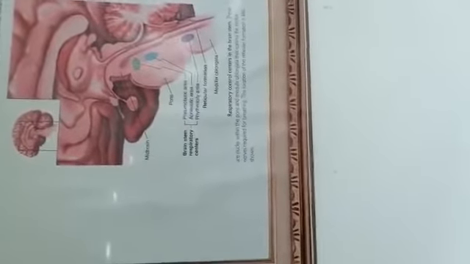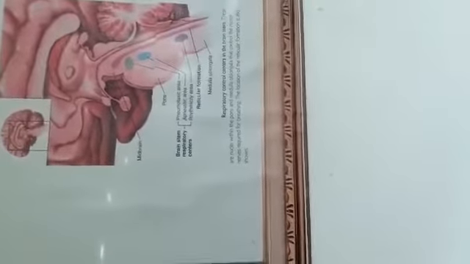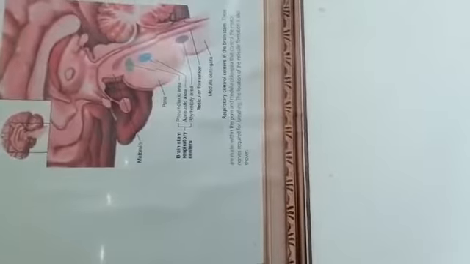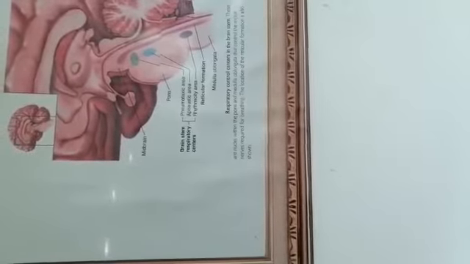Whenever there are the fluctuations in the baseline blood pressure levels, these receptors send impulses to the cardiovascular center of the medulla oblongata, which in turn responds accordingly to control the blood pressure. This center is very important for the minute-to-minute control of the blood pressure.